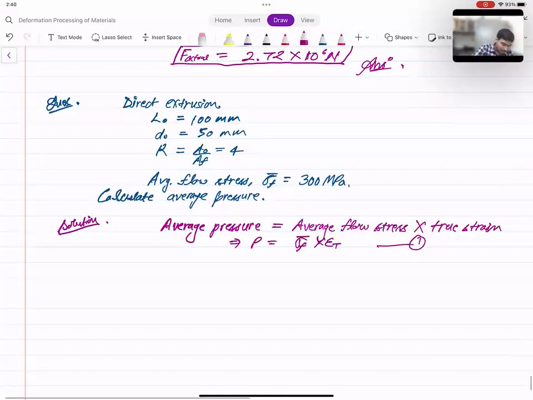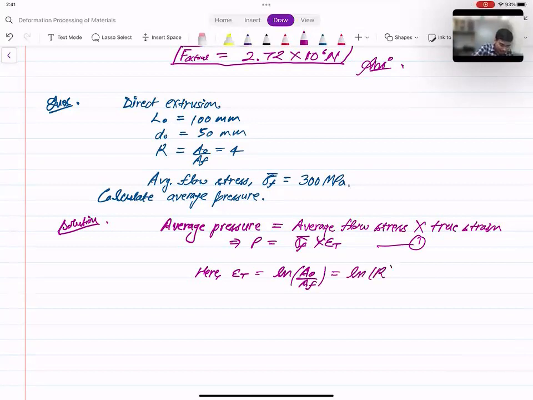So the true strain et is nothing but ln of a naught by af, which will be nothing but ln of r. Okay. So if we put the values, this P becomes 300 into ln of r, which is nothing but 4 here.